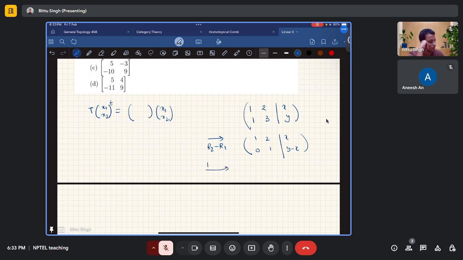Again R1 minus 2 R2: 1 0, x minus 2y plus x, that is, sorry, x minus 2(y minus x), that is plus 2x. So this is the same as 3x minus 2y, and this becomes 0 1 y minus x. So the left side becomes row echelon form.